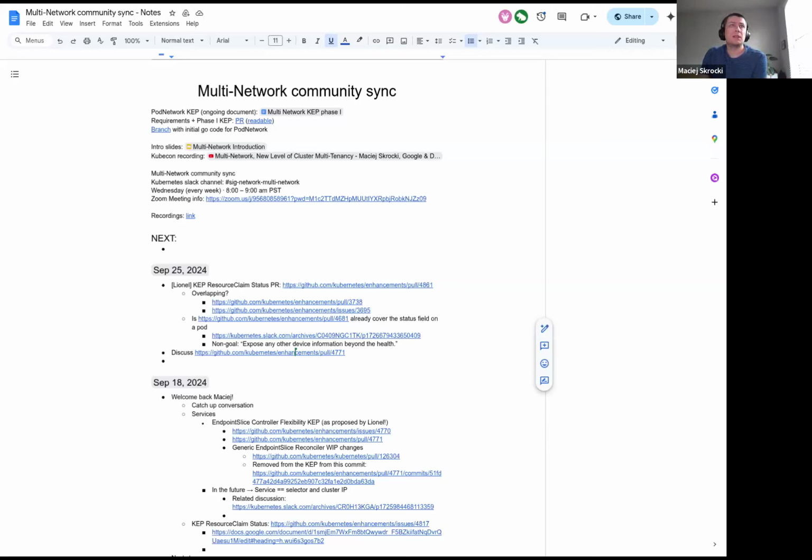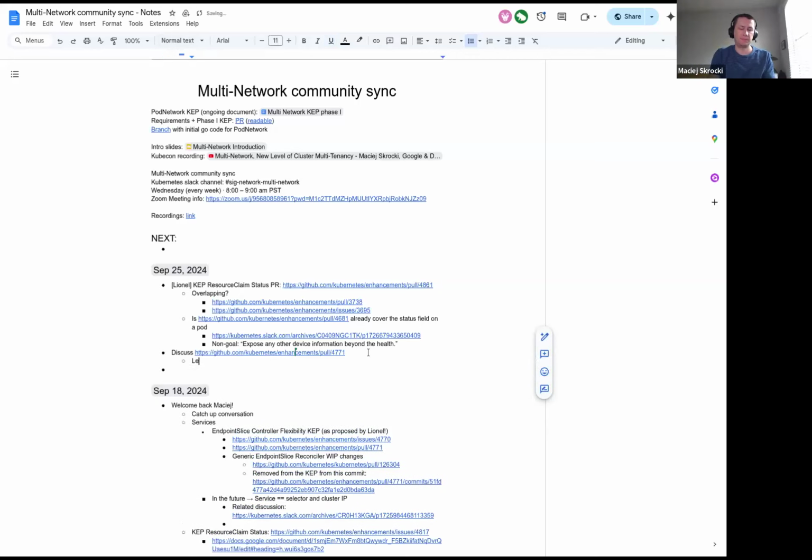So is there anything else around that one that we need to mention? No, sorry, just disable, or just the controller? The current controller should ignore it when that label is set.